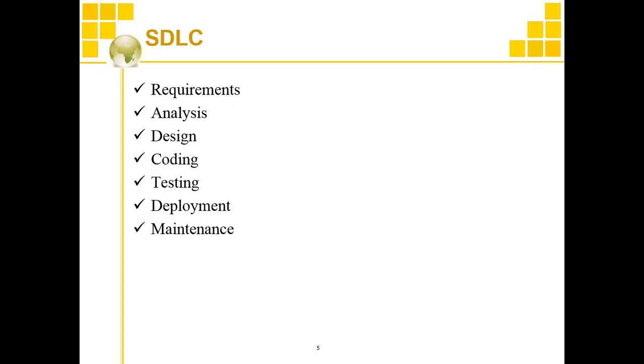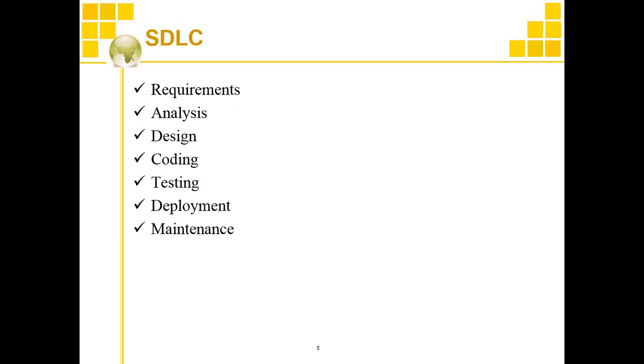After completing testing, the project goes into the deployment and maintenance sections. These are the steps to be followed in the software development life cycle, and this is very important. Everybody who is developing or testing the application needs to follow this life cycle.